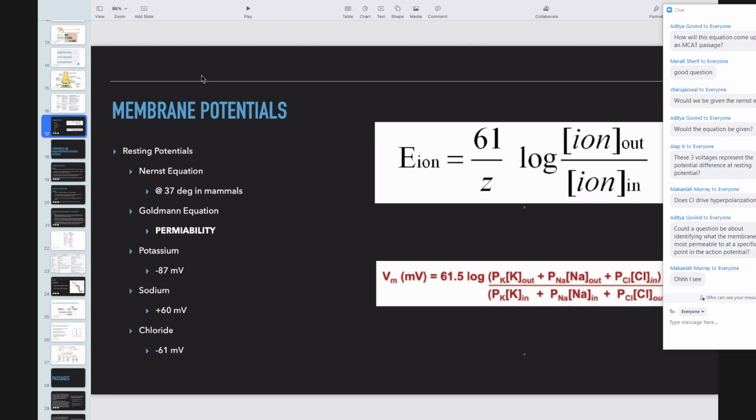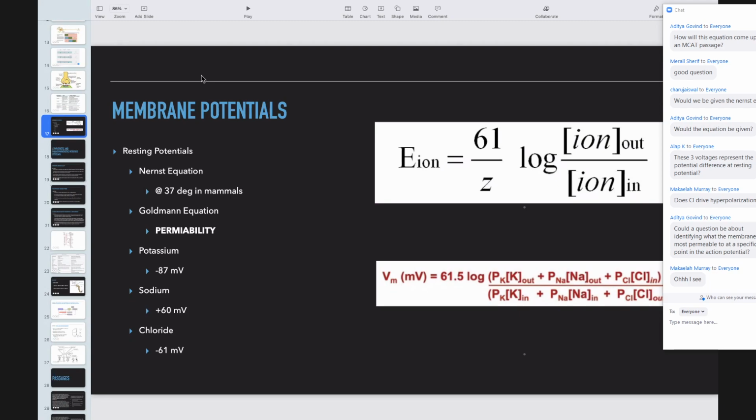Can we do a conceptual example for Goldman? Yeah, so let's say in a made up, arbitrary neuron at rest, the membrane is more permeable to sodium. And it would say, predict the resting membrane potential.